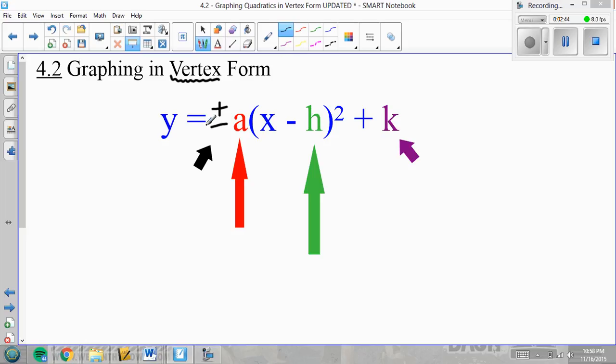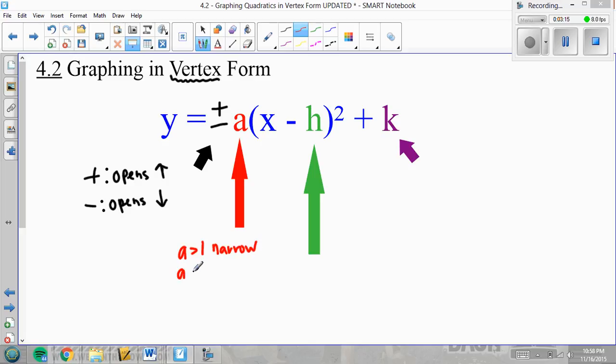So just like in standard form, the plus minus tells you if it's positive, we know our graph opens up, and if it's negative, it opens down. Okay, and still, just like standard form, only looking at A, just the number, not the sign out front. If A is greater than 1, we are narrow.